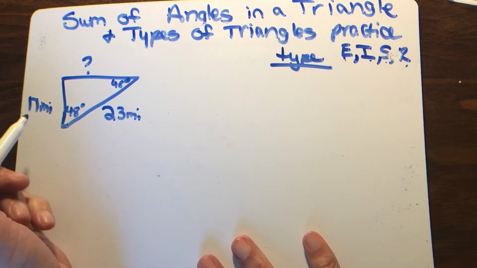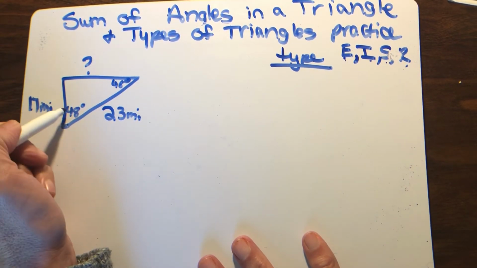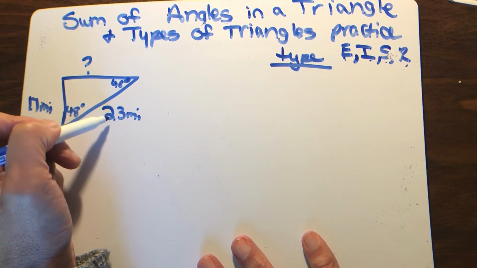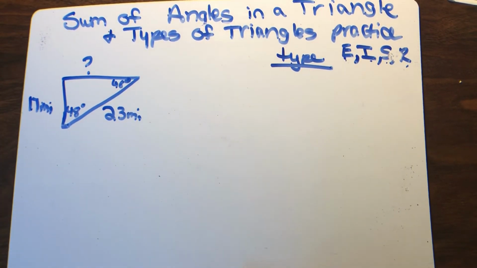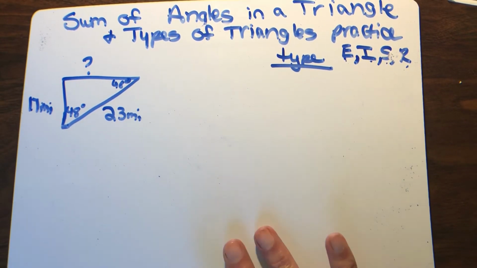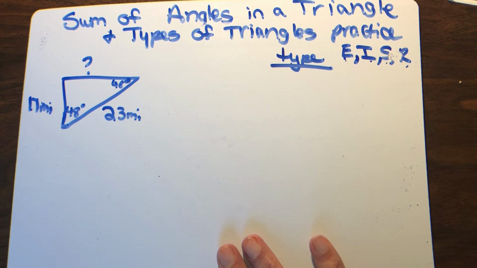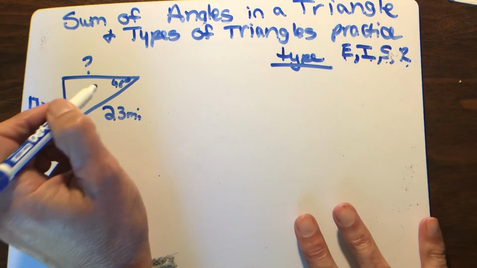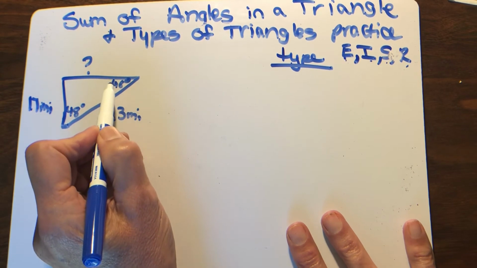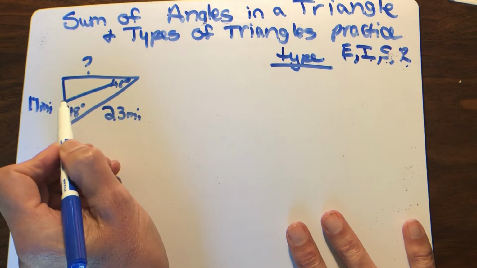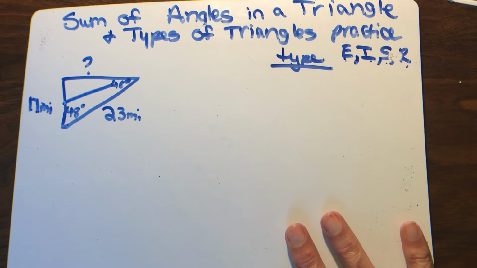So if you know that this is 17 and this is 23 and this is 48, that doesn't seem like you've got enough information, does it, to tell you what that missing side is? But really you do. You have to use your opposite angle knowledge. So put your pencil on the 48 up here and shoot your bottle rocket, and you get 17, right?